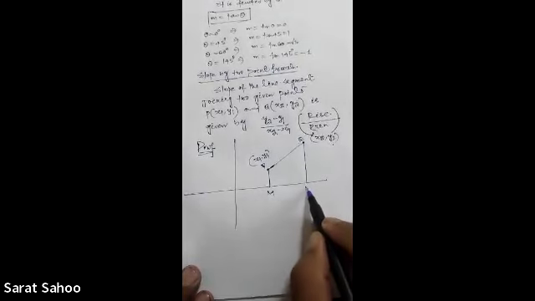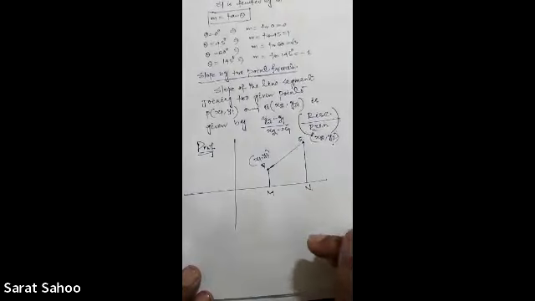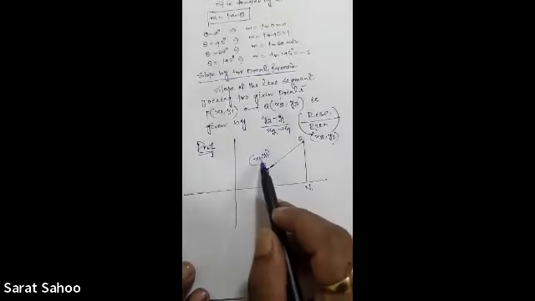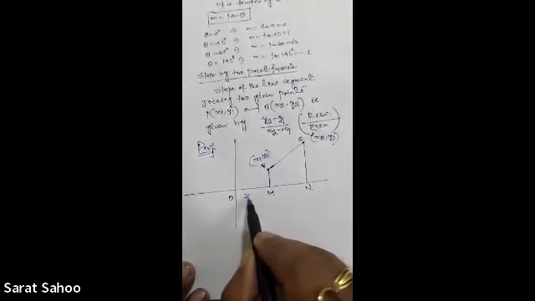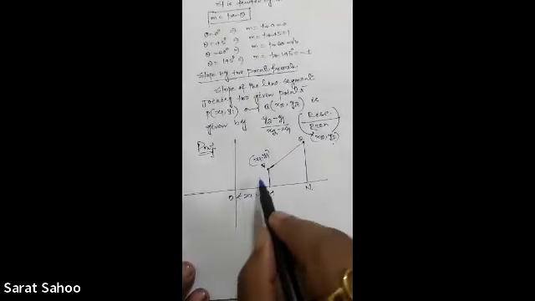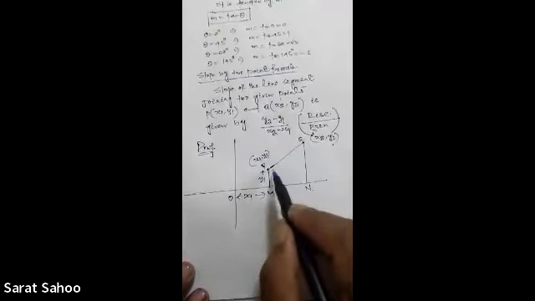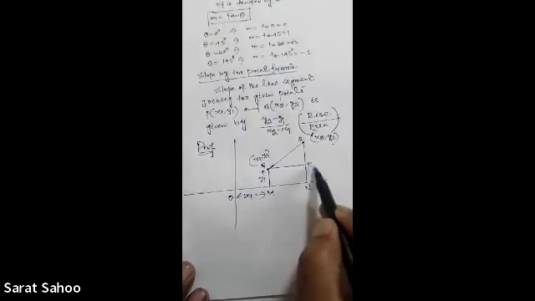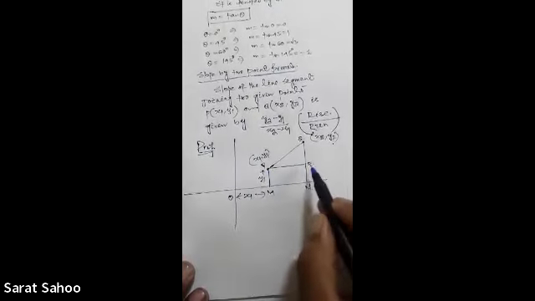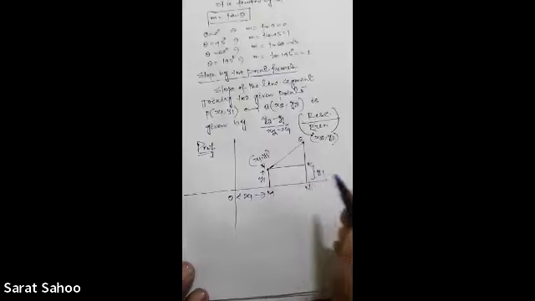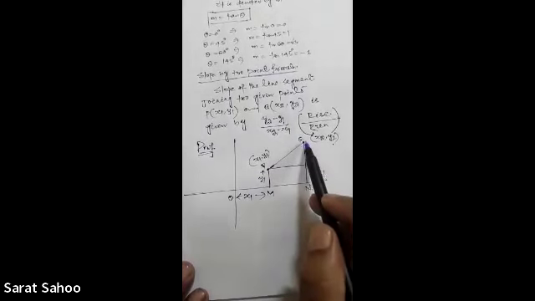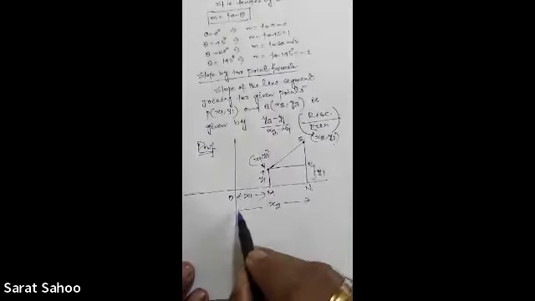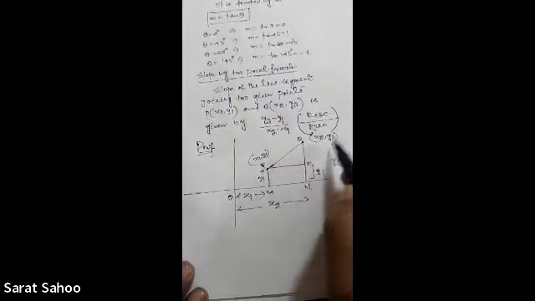Let M and N be the feet of the perpendiculars drawn from P and Q upon the x-axis respectively. Since coordinates of point P are x1, y1, length OM is x1 and length PM is y1. Draw a perpendicular from point P upon QN. Let R be the foot of the perpendicular. Since PM is y1, RN is also y1. Coordinates of Q are x2, y2, so length ON is x2 and length QN is y2.